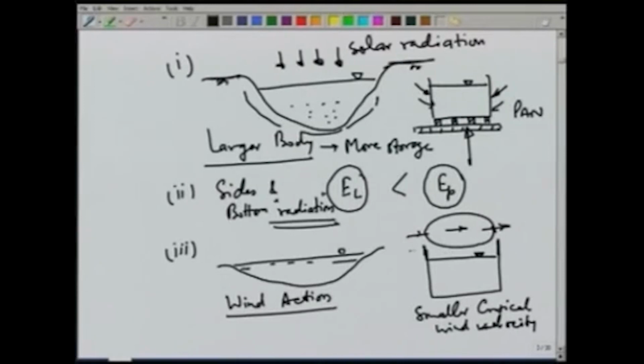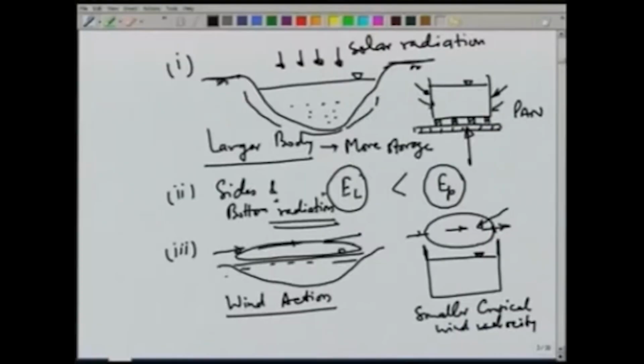So, a smaller wind velocity will be able to carry the moisture from above the pan, but for a lake a larger wind velocity is needed to remove the saturated air from above the water level. Therefore, for a wind velocity which is more than the critical wind velocity for the pan, but less than the critical wind velocity for the lake, the pan evaporation will be higher than the lake evaporation.